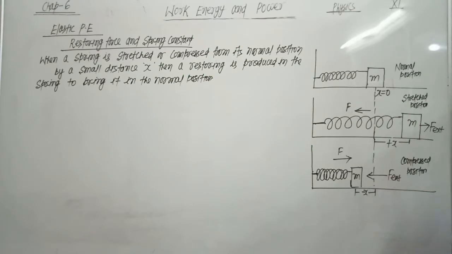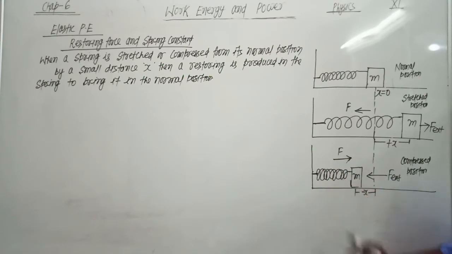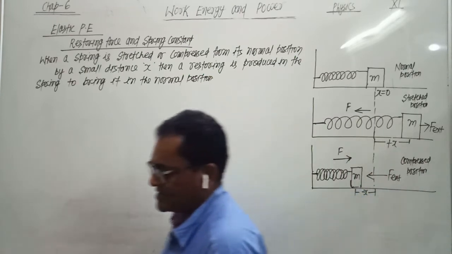In the third position, when the external force is applied inward, a restoring force is developed. F is the restoring force which develops in the spring. Again, this restoring force tries to bring the mass to its normal position, that is, the position at x equals 0.